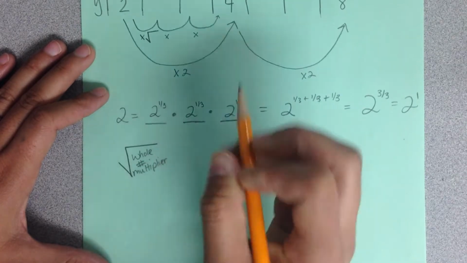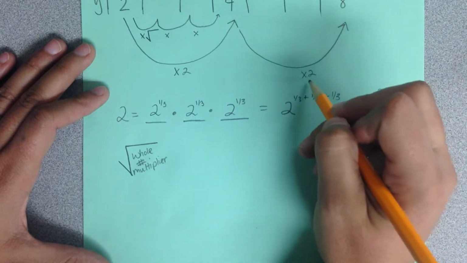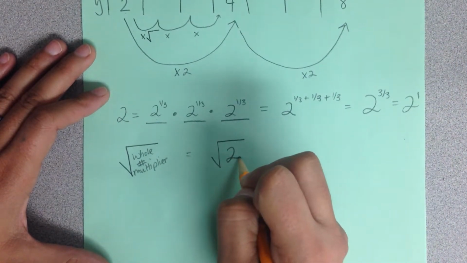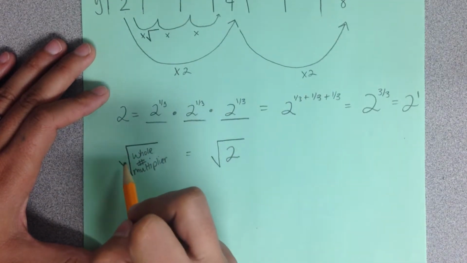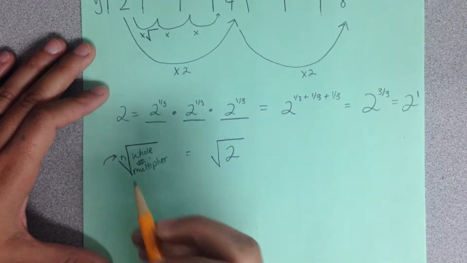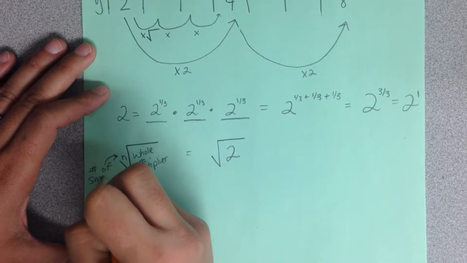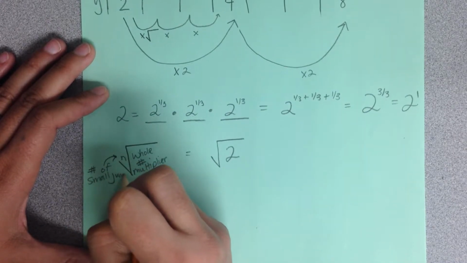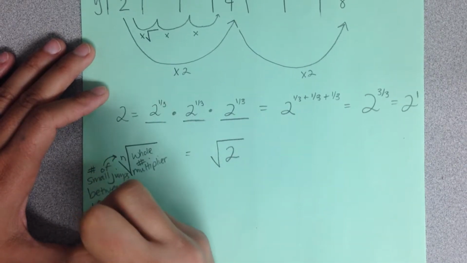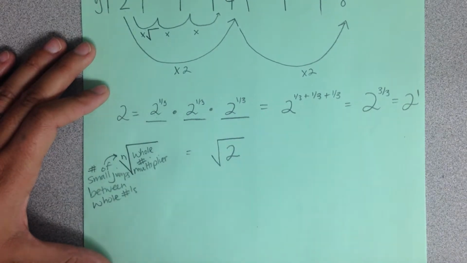So what are you multiplying by between whole numbers, 0 to 1, 1 to 2? We said we were multiplying by 2. So that would be 2 inside. Also, the index, this number here, is always going to be the number of small jumps between whole numbers.